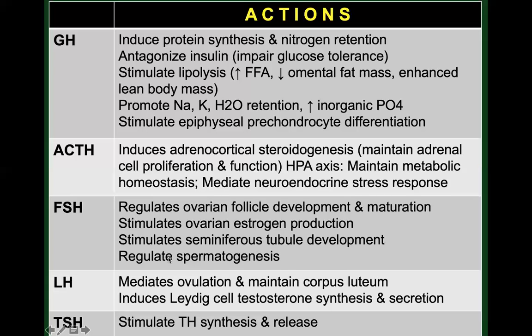Okay, so FS. Okay. And for luteinizing hormone, it's mainly for ovulation and corpus luteum and Leydig cells. So remember, the L here would stand for ovulation, luteum, and Leydig cell for testosterone synthesis and secretion. And lastly would be your thyroid stimulating hormone, which will stimulate your thyroid hormone synthesis and release.